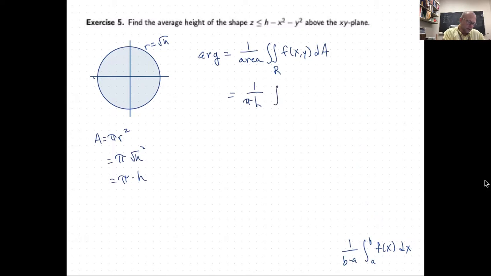And then we have to do our integral, and the integral of the function h minus, it's a circle, so we're going to say h minus r squared, dA will be r dr d theta. And the setup for the circle is just to go from 0 to the square root of h, and then from 0 to 2 pi on the d theta part. Okay. So when we're doing that, 1 over pi h stays at the front.